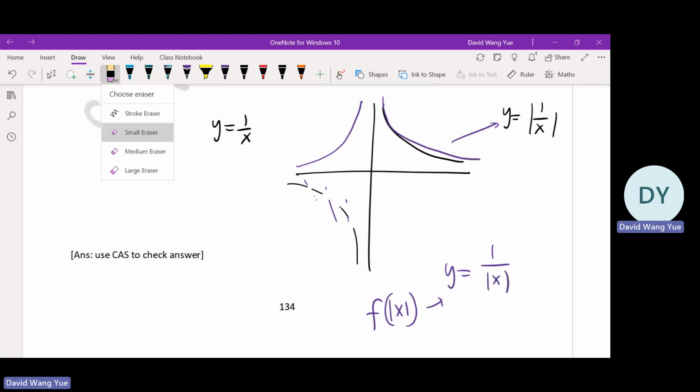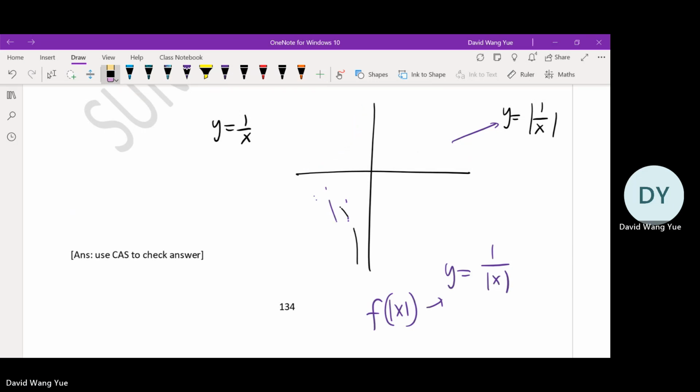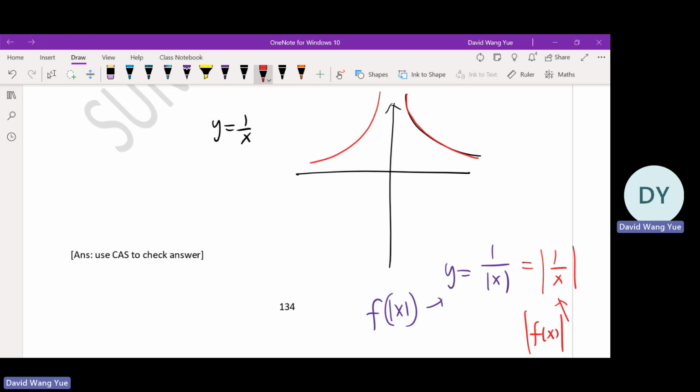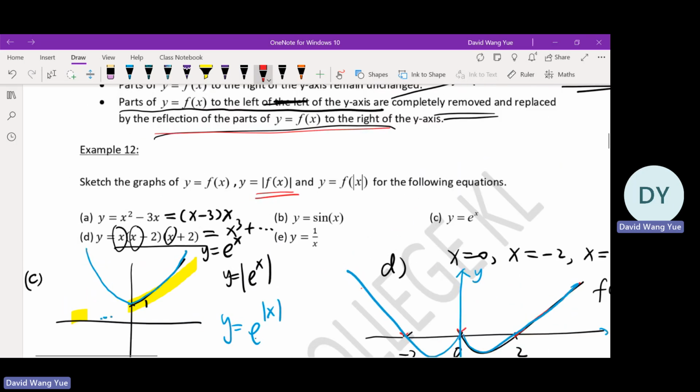So what will happen is, to get f of absolute value of x, take away the one on the left of the y-axis and reflect the one on the right to the left. Then you realize this is the same as the modulus of f(x). Okay, so this is how we draw the modulus function of f(x) and f of modulus of x.